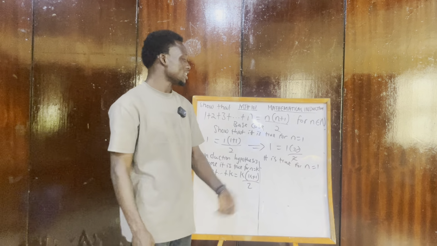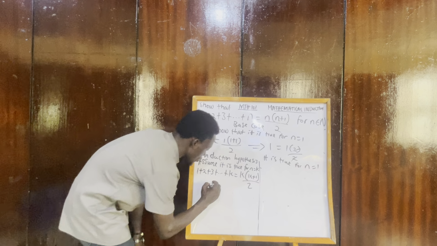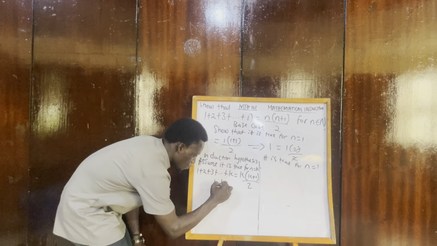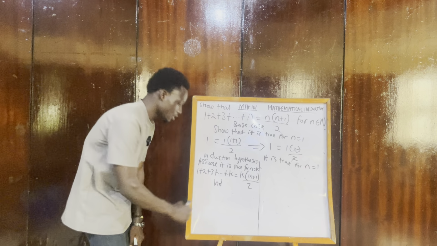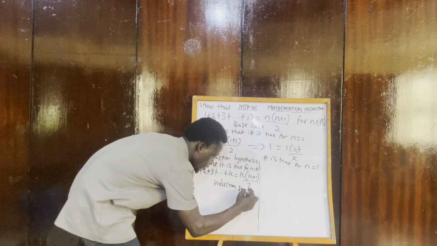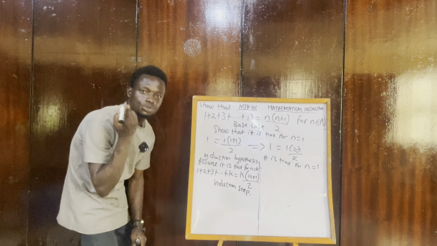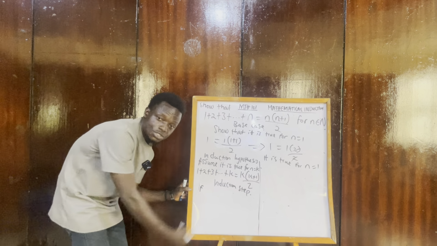Now, for you to conclude that it's true for all natural numbers of n, you have your induction step, which is the last step. You have your base case, your hypothesis, and your induction step. This is how you write it: you've assumed that it's true for k.